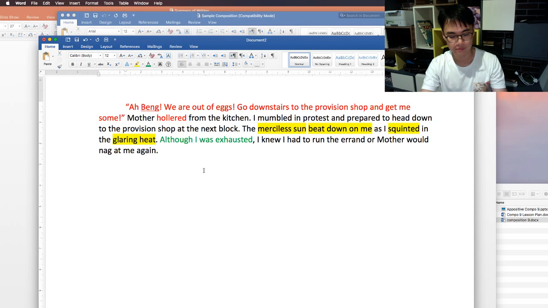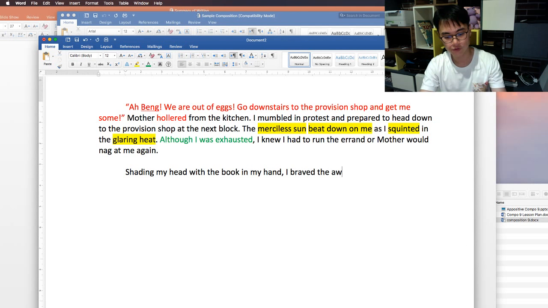Shading my head with the book in my hand, I braved the awful heat and trotted, and made my way tortuously towards the provision shop.